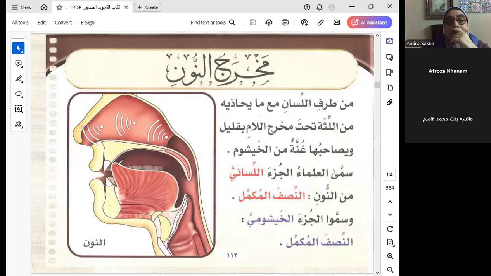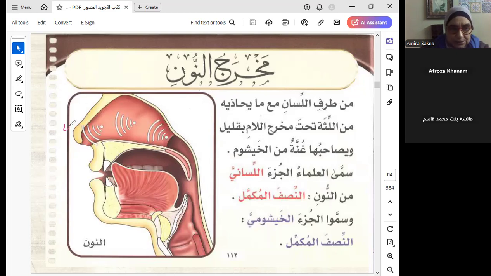Regarding iqlab, or flipping, and this is very important: when noon sakina meets ba, we are going to make two things. First, we are going to make flipping, iqlab. We are going to flip noon into mim, like min bad, for example.